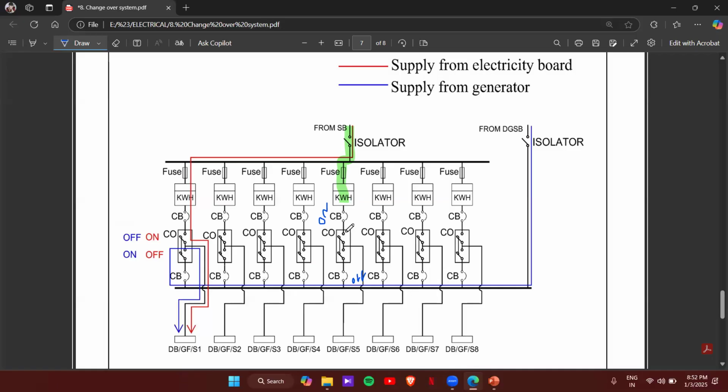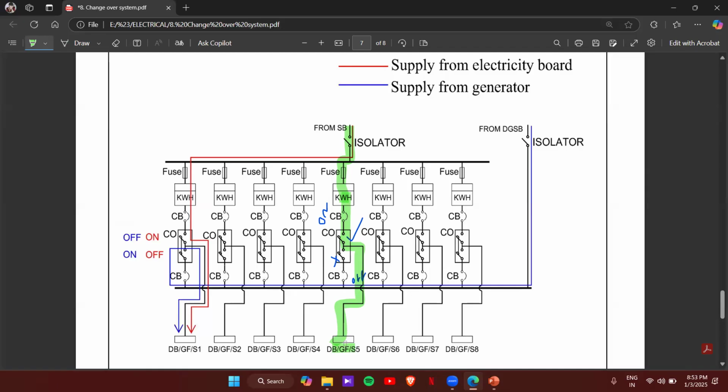In the normal condition, this one will be on and the second one will be off. So the supply from the transformer will come through like this and be given to the panel. The second contactor is off, so it will not come to this side. It will channel through here and be connected to the DB.